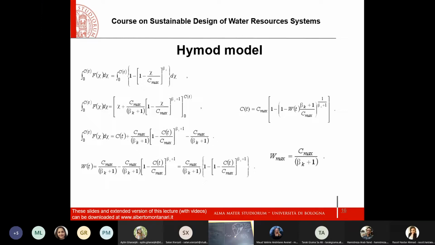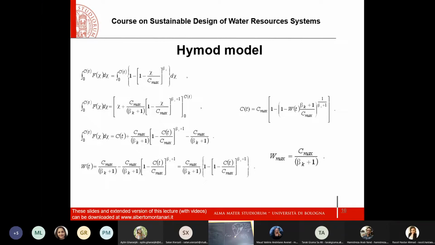And therefore 0 to the power of beta is 0. And therefore, between the curly brackets, you have just 1. 0 to the power of beta k is 0. So between the curly brackets, you just have 1. So Wmax is simply equivalent to Cmax divided by beta k plus 1.